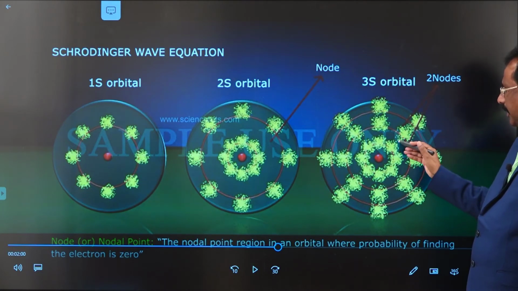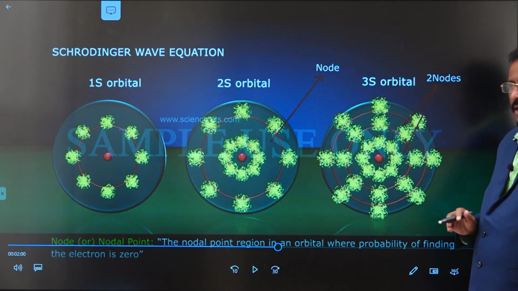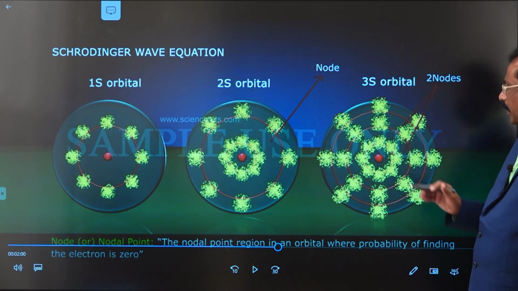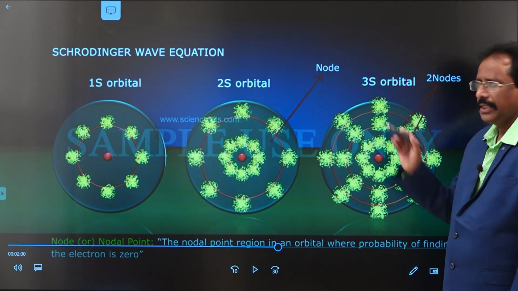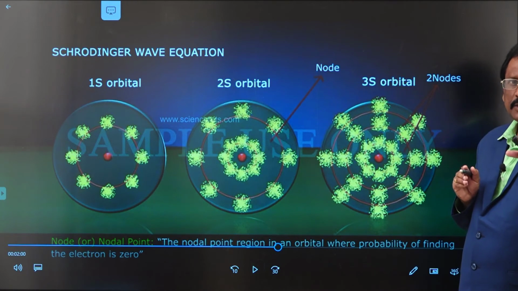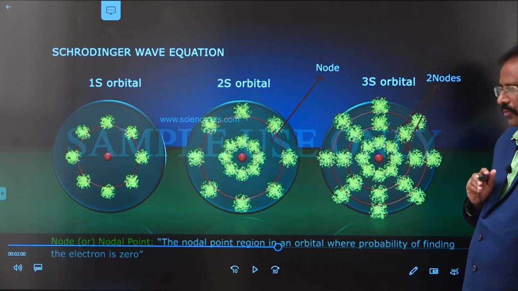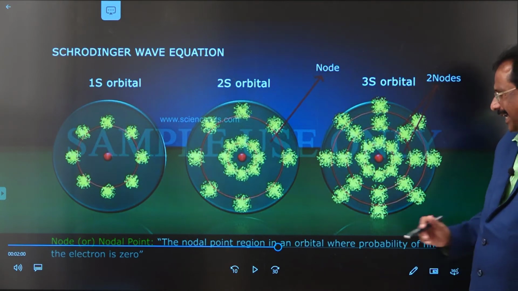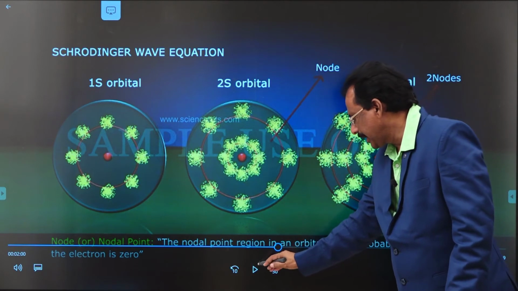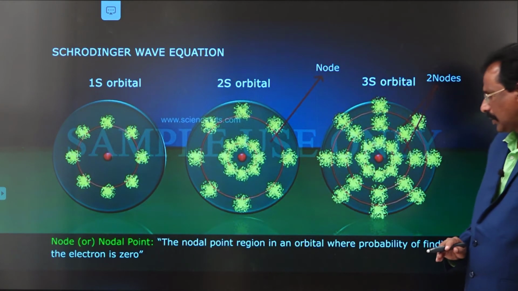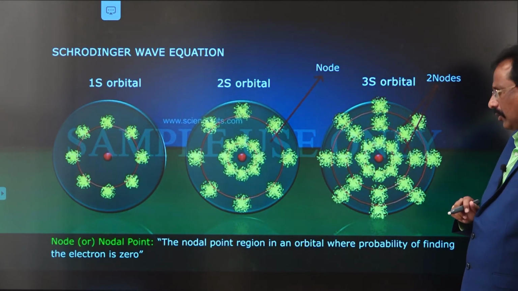So in between 1s and 2s, one spherical node. In 2s and 3s, there is another spherical node. So these angular probability distribution curves explain the spherical nodes or radial nodes.